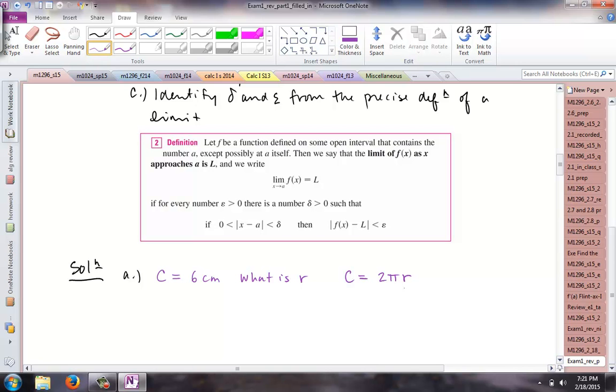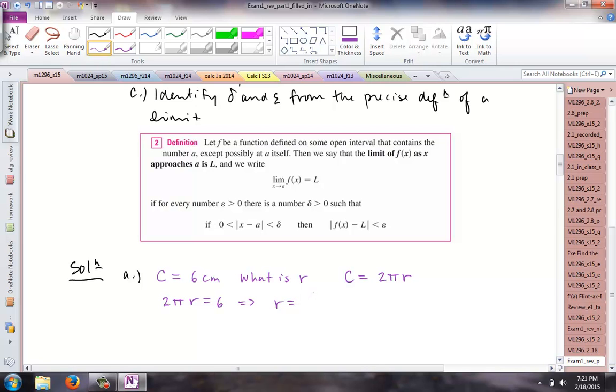All right. So this is actually real easy. We just go ahead and set 2 pi r equal to 6 and solve. And we're told to do this to 4 decimal places, so we're not going to write it exactly. We're just going to go ahead and round this to our 4 places.